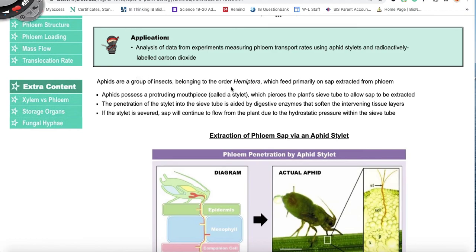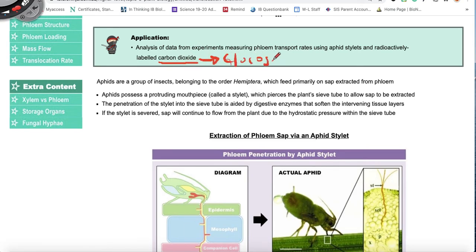if you want to measure how much phloem is being transported throughout the plant, you do so by radioactively labeling carbon dioxide. And we know that carbon dioxide is necessary in photosynthesis for plants, and after photosynthesis, carbon dioxide is going to turn into glucose.